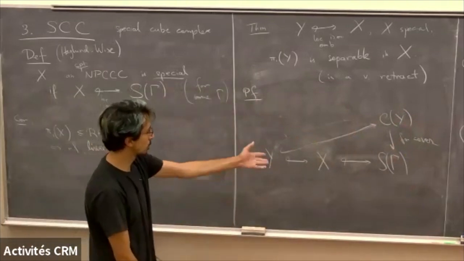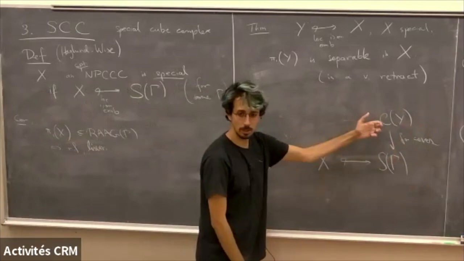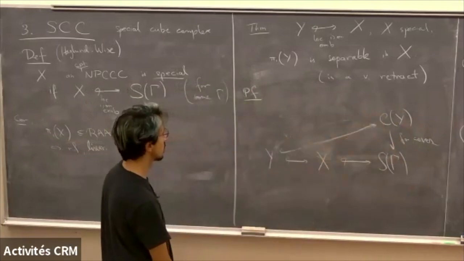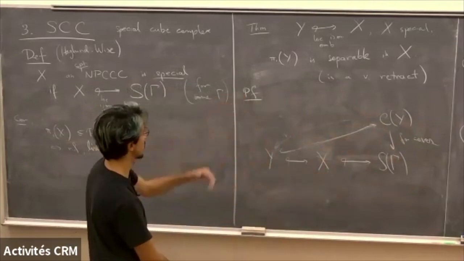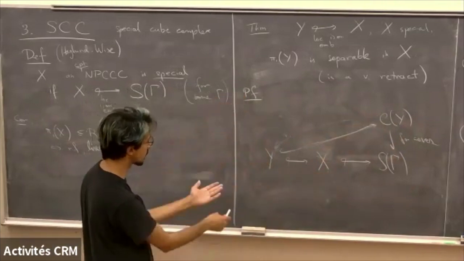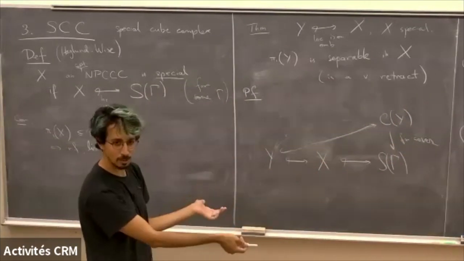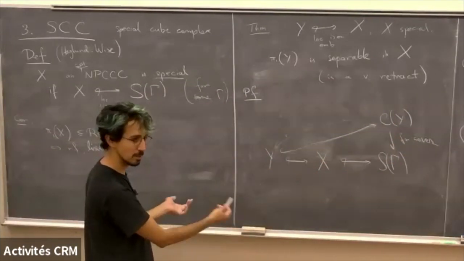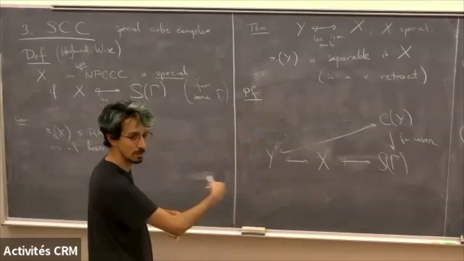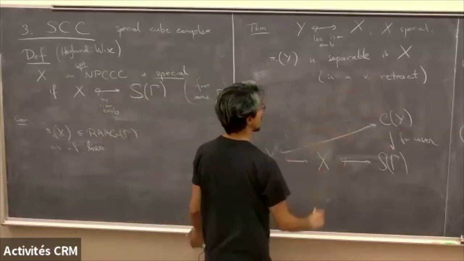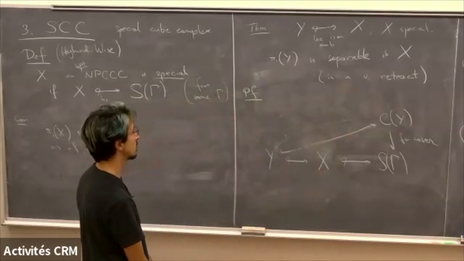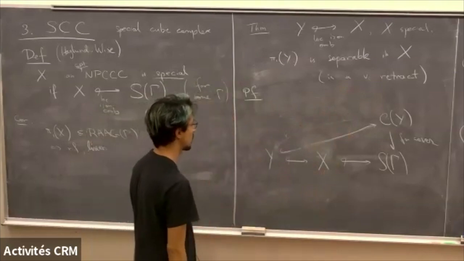Okay, but this is not what we wanted. We didn't want a retract of it. So that's the complex. We wanted everything from X. So actually, just from this we can really get separability because y would be closed in the big thing, contained in closed. But so you can actually get this. It's not a virtual retraction.